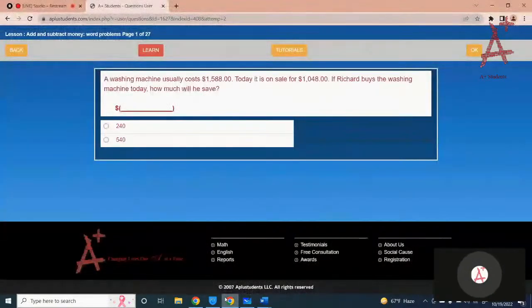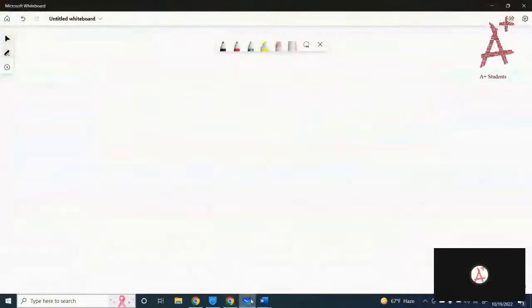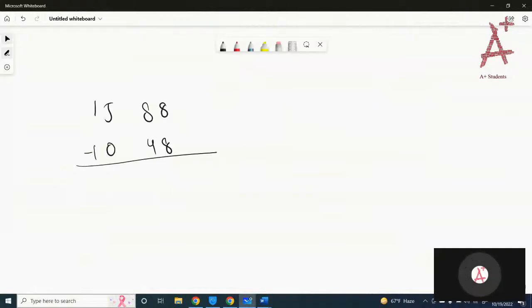Okay, the numbers are 1588 and 1048. So just subtract them. So 8 subtract 8 is 0. 8 subtract 4 is 4. 5 subtract 0 is 5.